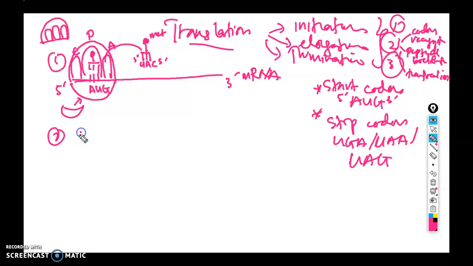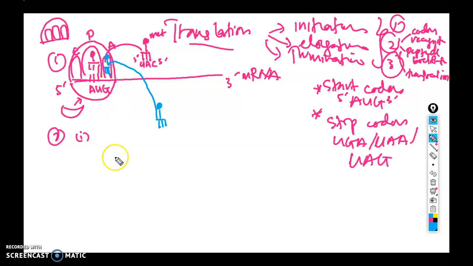First is codon recognition. We have the empty A site. So what happens in codon recognition is that the next, or new, amino acid tRNA will occupy the A site and be complementary with the codon of the mRNA.